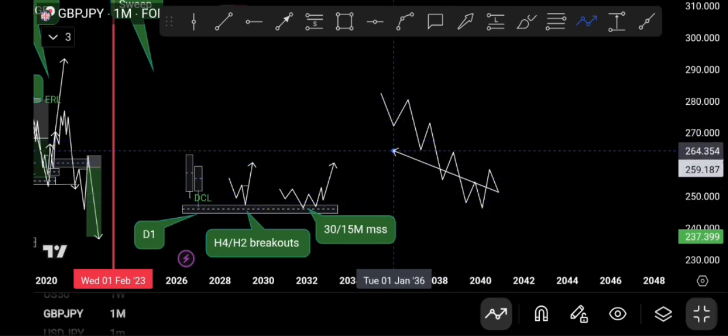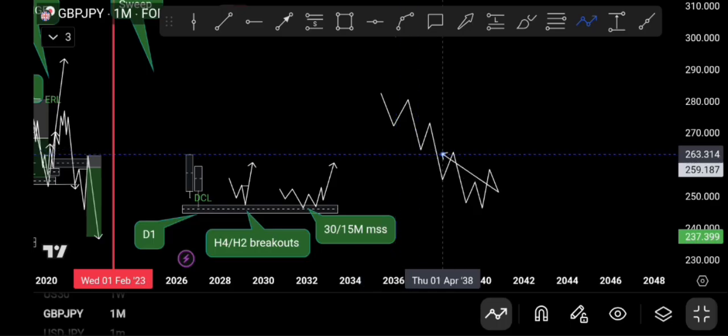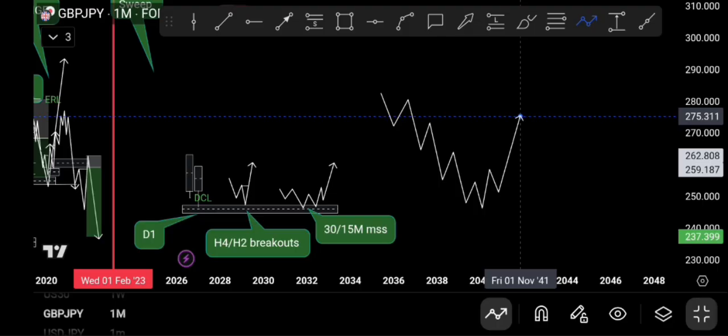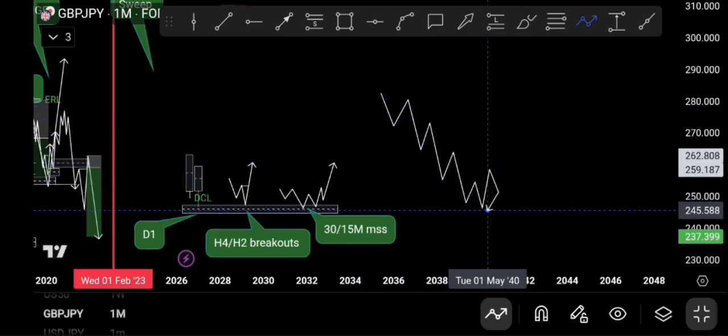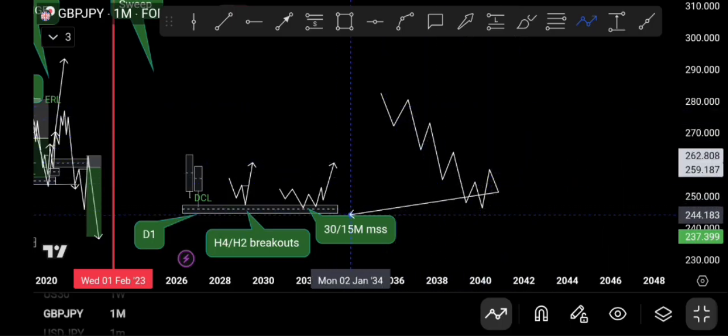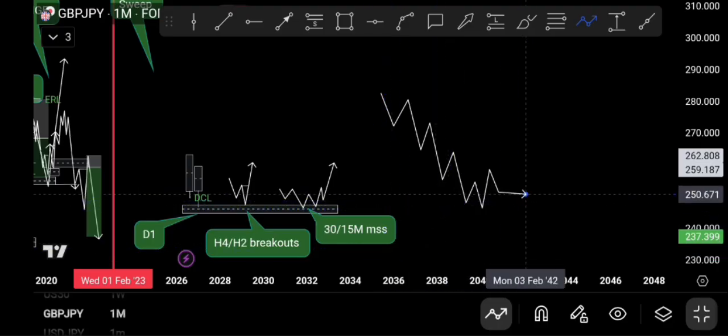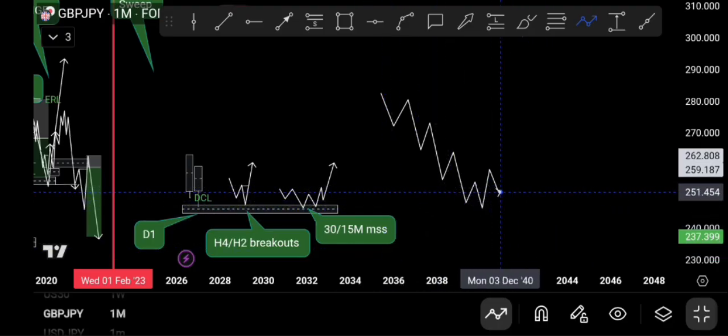This market structure shift is where the last framework comes in, which is price reaction. Price must give you a bullish intent. Price must tell you that it is ready to buy before you buy. Because we're in a bearish market, just because price is reacting from a higher time frame key zone, supply and demand zone, does not mean it is ready to buy.